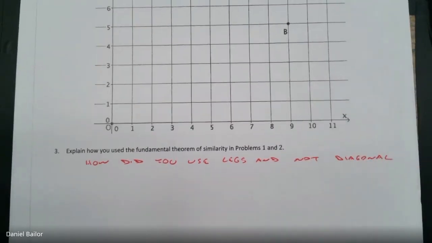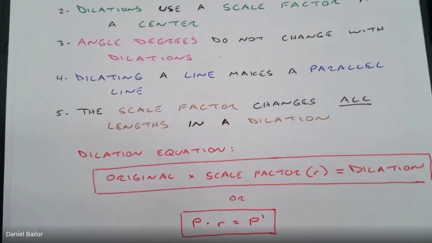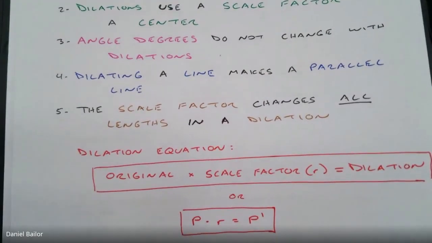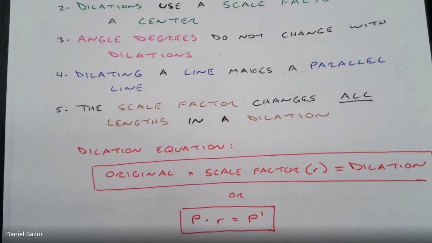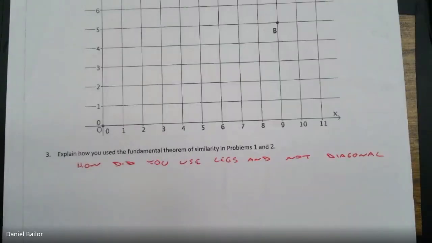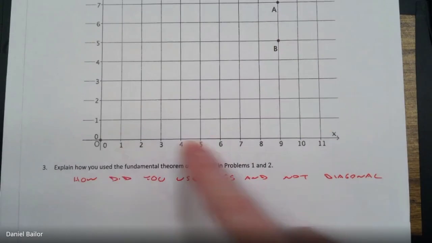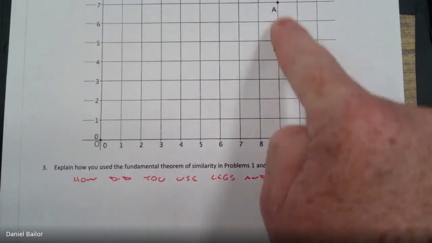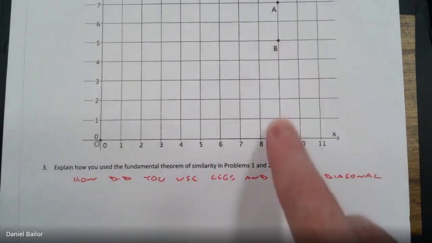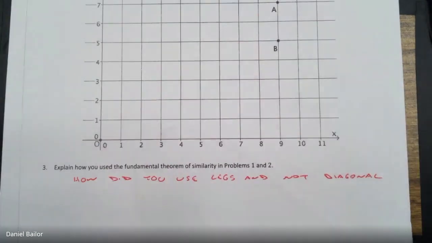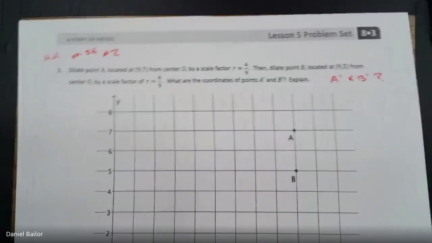As a little hint for that part of the problem set, see number 5 on your notes. The scale factor changes all the lengths. So if the scale factor changes all the lengths, you can go down and across. If the scale factor changes everything, you can use these. You do not have to use the diagonal. You do not have to use the hypotenuse. But that's the problem set.